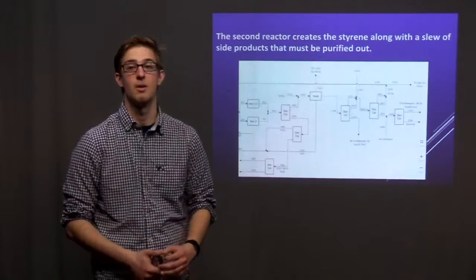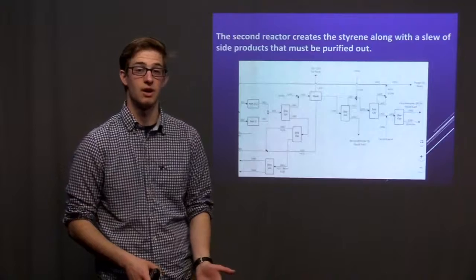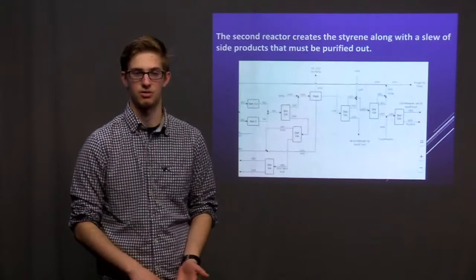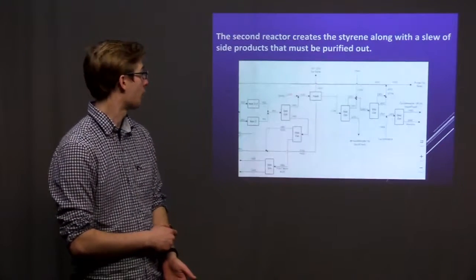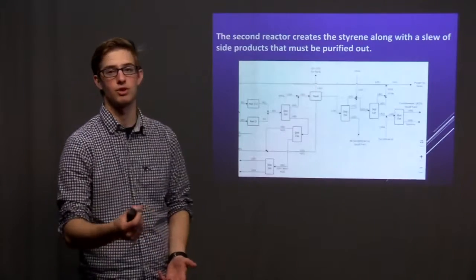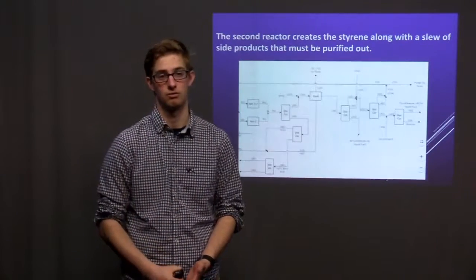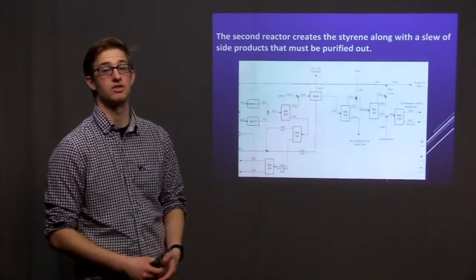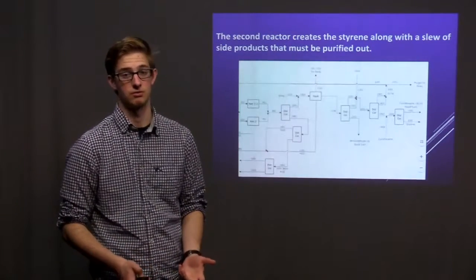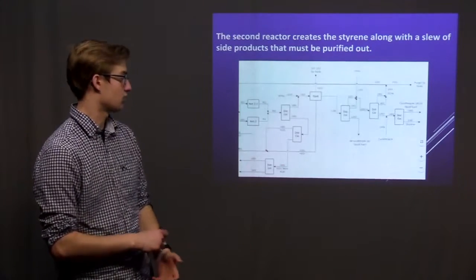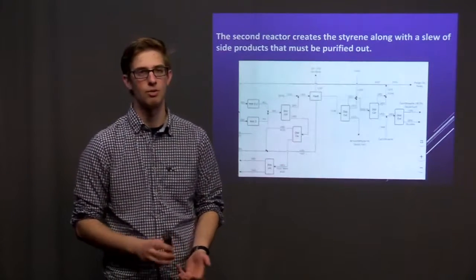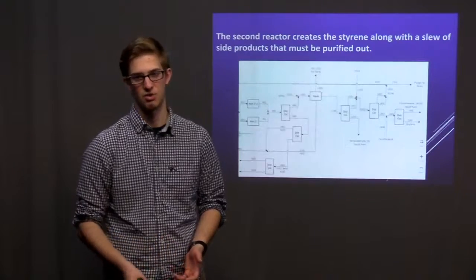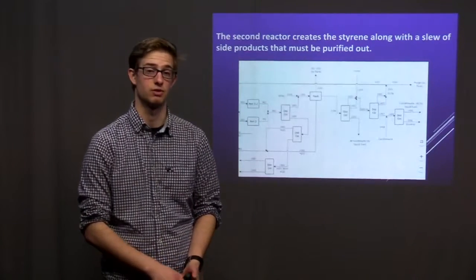This second reactor makes our one product styrene, but this styrene comes with all those side products we mentioned before. Our first distillation column pulls off the benzoic acid and not all, but most of the water. Another distillation column gets us pure water we use for a recycle. This distillation column down here gets us almost pure water, but it has a small amount of organics, so we have to send it to wastewater treatment.